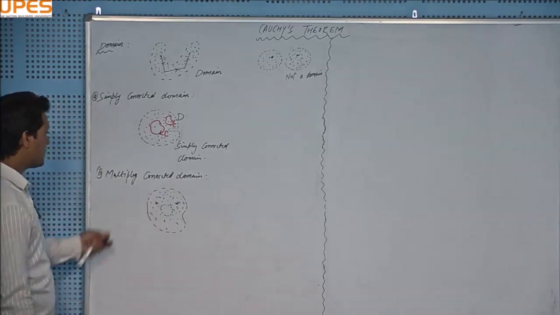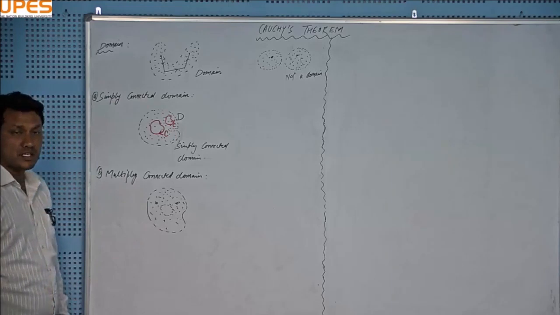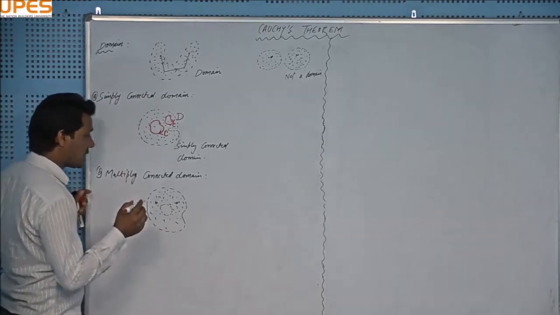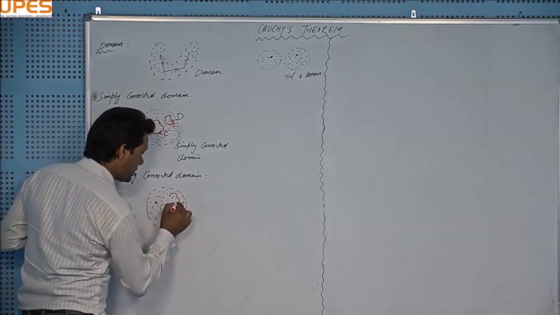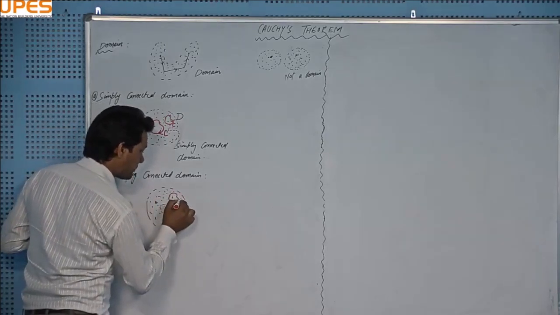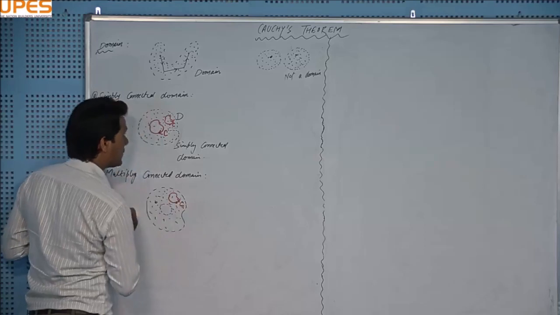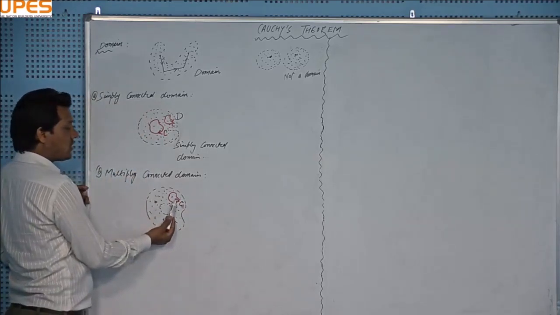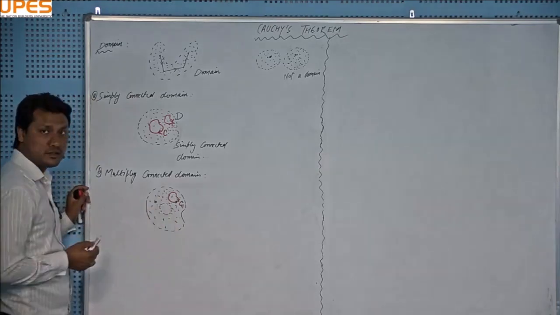First thing is that. Second thing is why we are calling it multiply connected. Similar to before, if I take a closed curve here, C1, then it can be shrunk to a single point without leaving this domain D. That's fine.